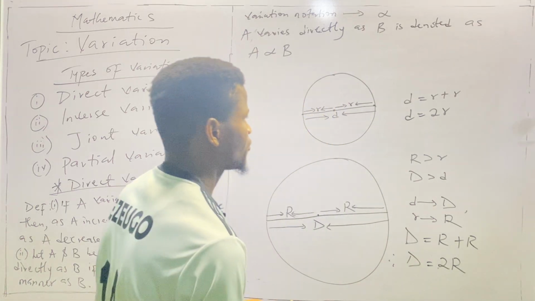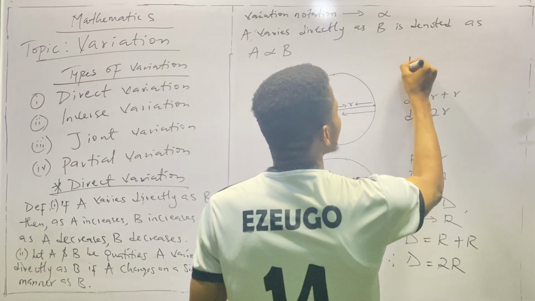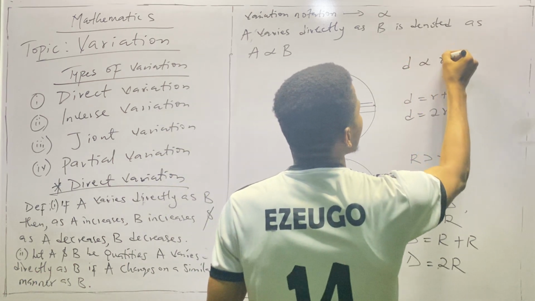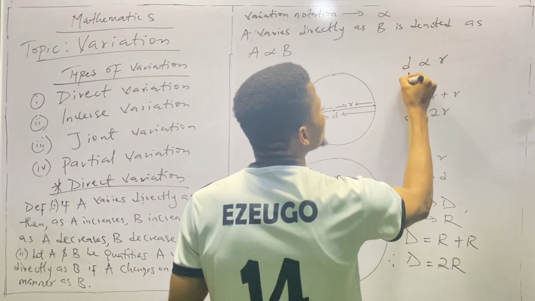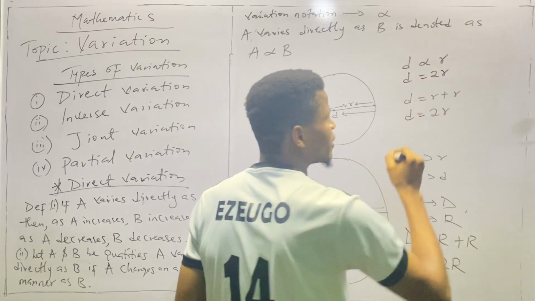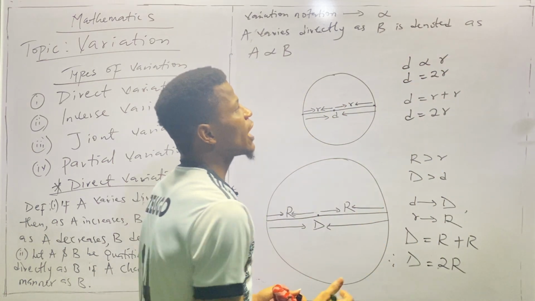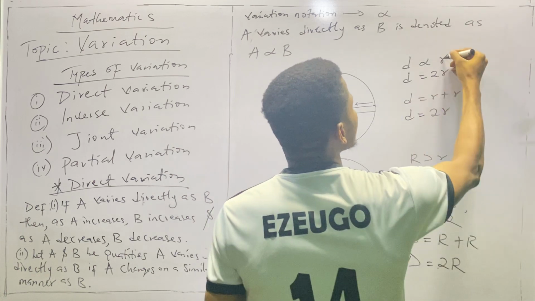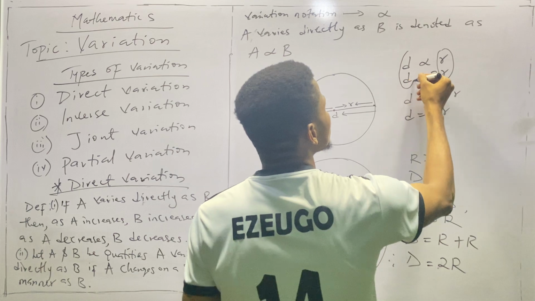For instance, we already know here that the diameter of a circle varies directly as the radius. And from this diagram, we observe that the diameter is equal to 2 radii. Now, if you compare these two things, you realize that this is R, of course, and this is D, of course.